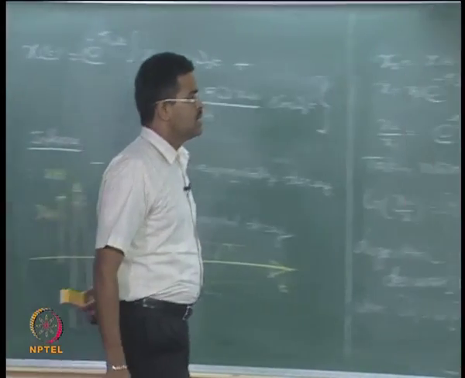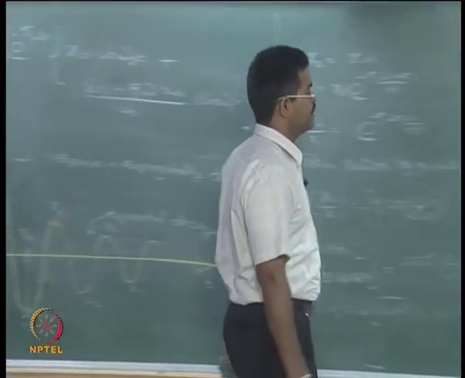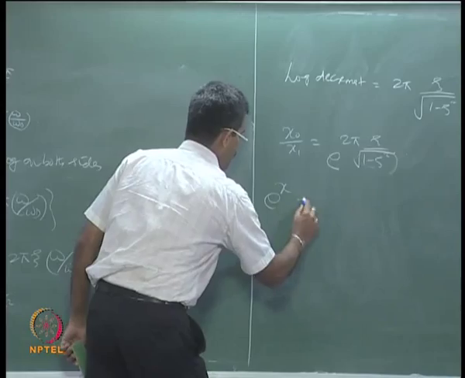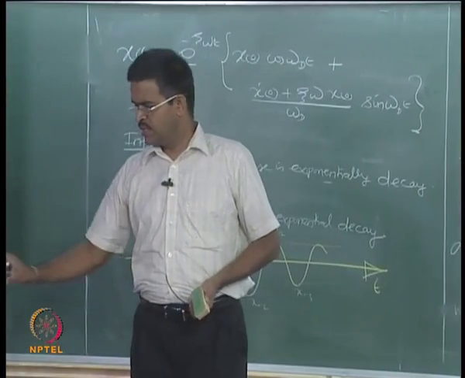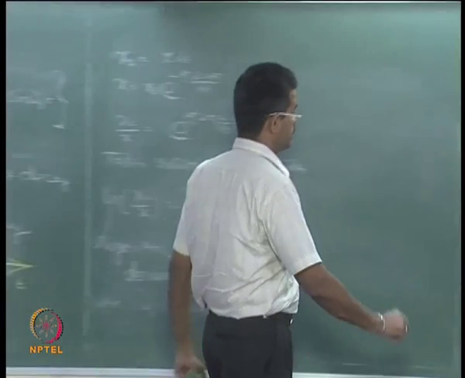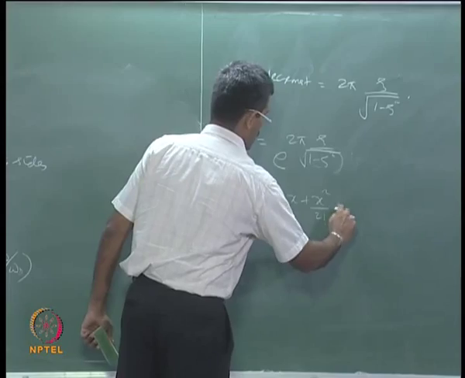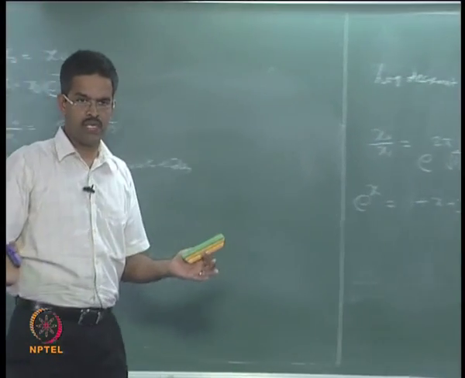Now, we know e power x, if you want to expand in exponential series, it is given by 1 plus x plus x squared by 2 factorial plus x cube by 3 factorial and so on. That is how you expand e power x.